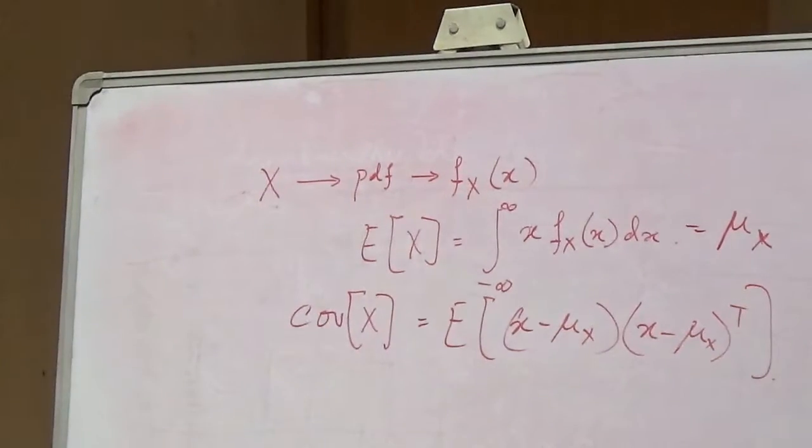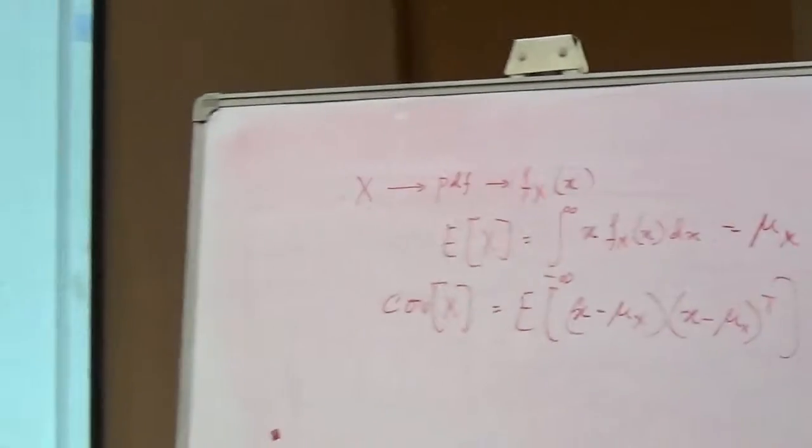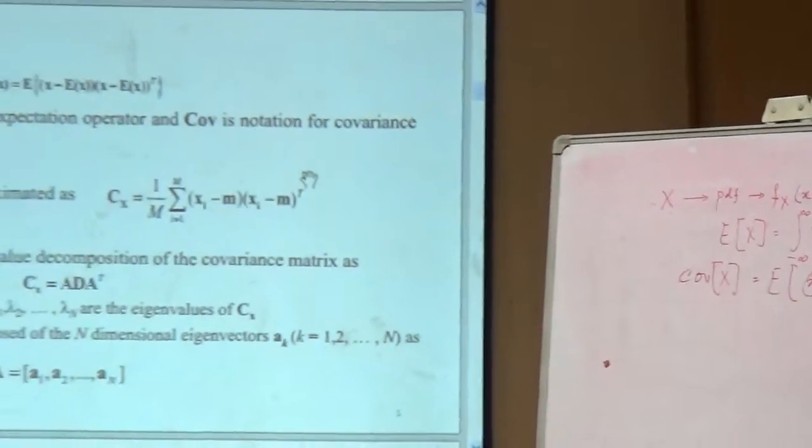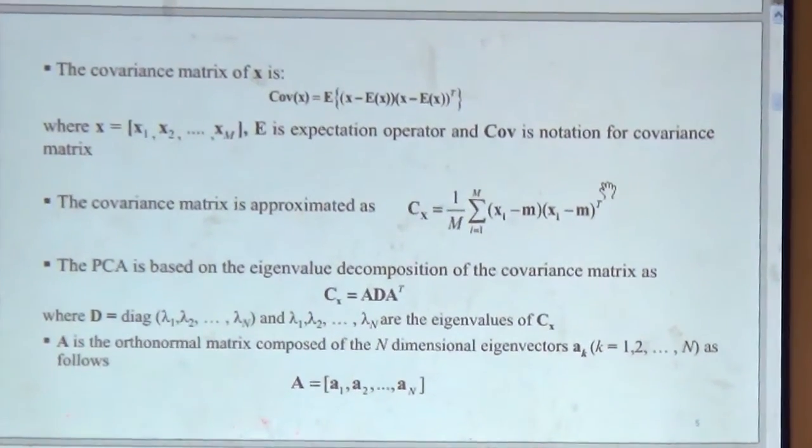So this is actually the outer product of x minus mu x. X minus mu x is a vector. So I take the outer product of two vectors. What do I get? If I take the outer product of two vectors, what do I get? If I take the inner product of two vectors, what do I get?